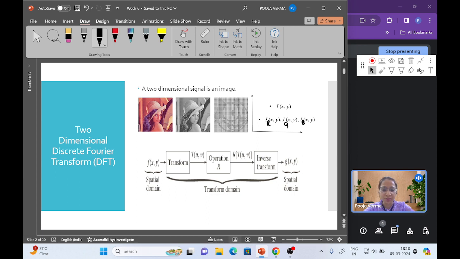Whatever image we get, first we transform it into a matrix, then apply some operation, and then we inverse transform back to the spatial domain.